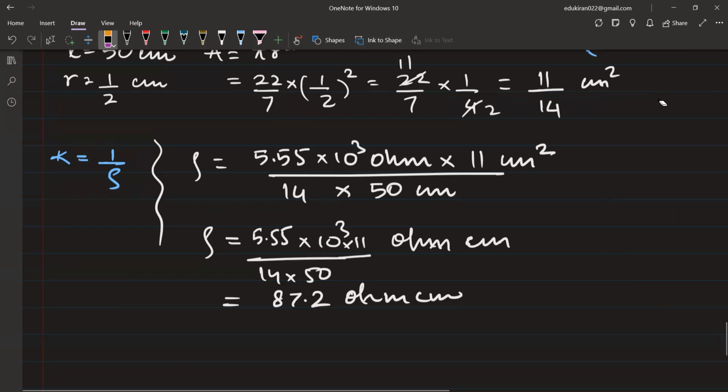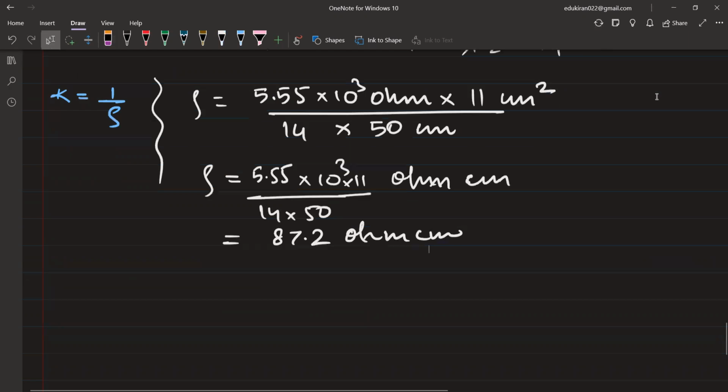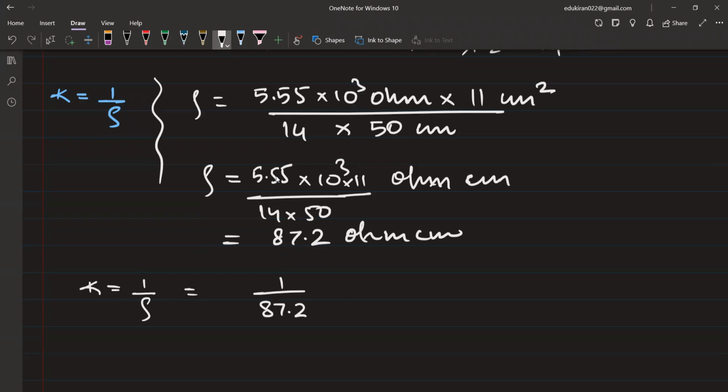डेसिमल्स में प्लीज कभी मत जाइए, बिल्कुल आखिरी में आप लोग डेसिमल में जाया कीजिए, ठीक है? जितना हो सके फ्रैक्शंस में ही रहिए. Kappa will be 1 upon rho, kappa will be equal to 1 upon rho, कितना हो जाएगा? 1 upon 87.2 ohm inverse centimeter inverse.